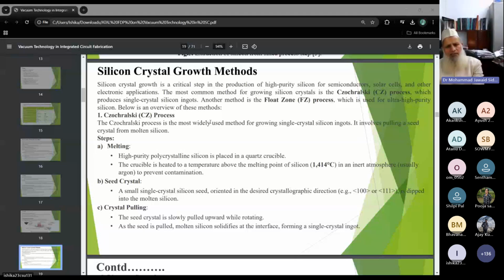So just briefly, we will discuss amorphous silicon, polycrystalline silicon, and single crystal silicon. Single crystal silicon has the highest mobility. Amorphous silicon has the poorest mobility, and polycrystalline silicon contains grains, small crystals of silicon.